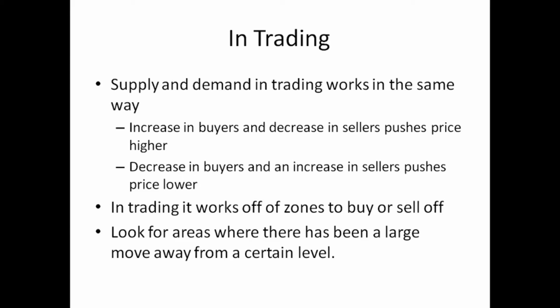When it comes to supply and demand, we look at placing trades off what we call zones. It's not just an exact price where price will move down from. It's an area where price has created that liquidity pool to either move down from a supply or move higher from a demand. The larger the move up or away from a certain area, the stronger and more valid that zone.